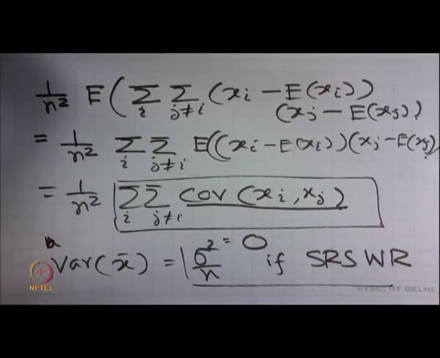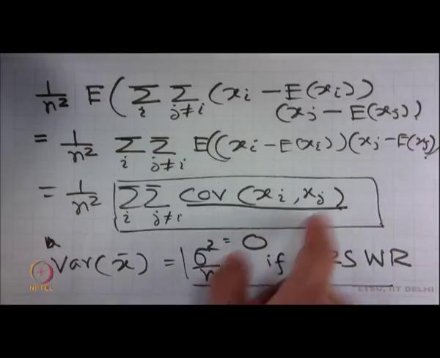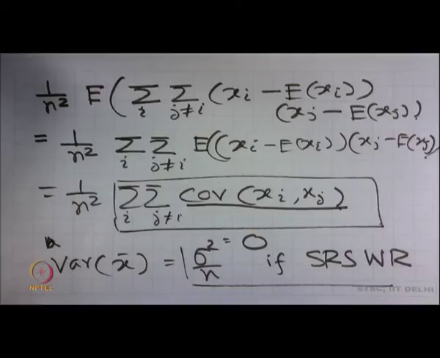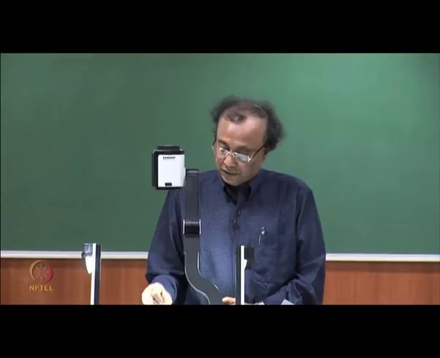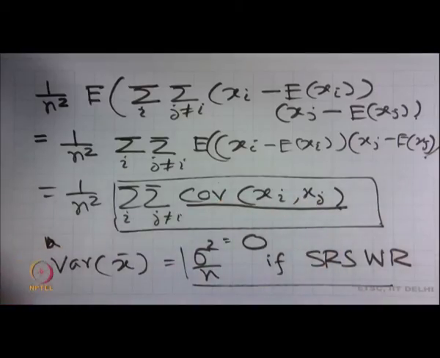But when we are using simple random sampling without replacement, this covariance will not be 0, because what we get in the jth term will depend upon what we have got at the ith time, and therefore, this will have some contribution.